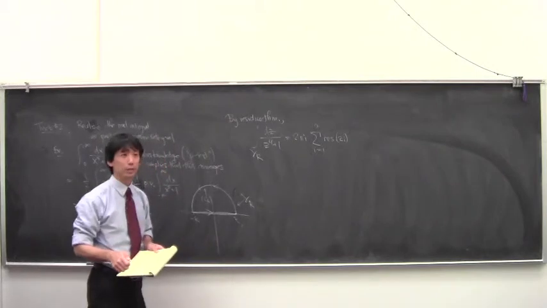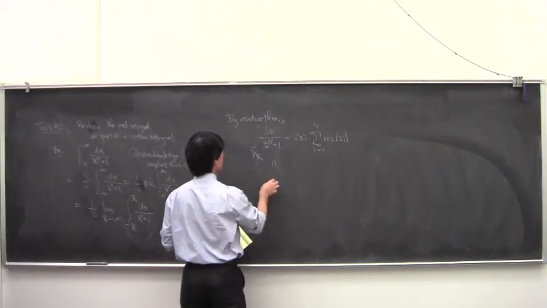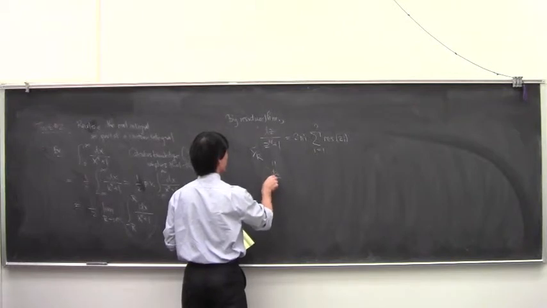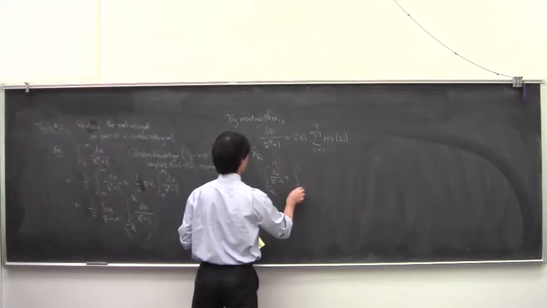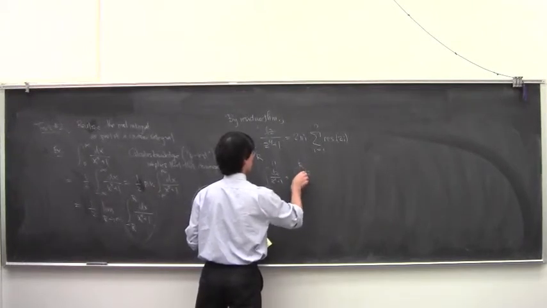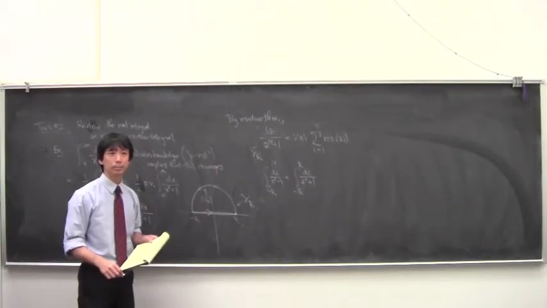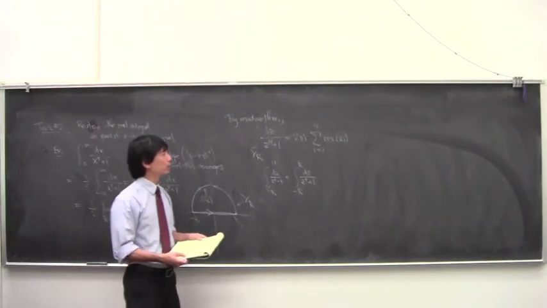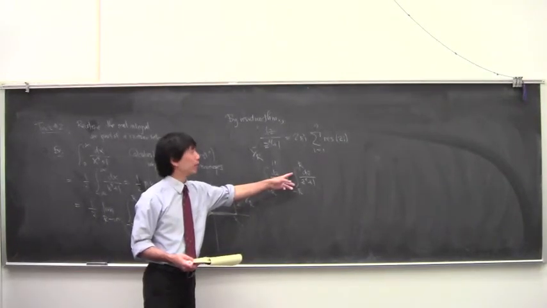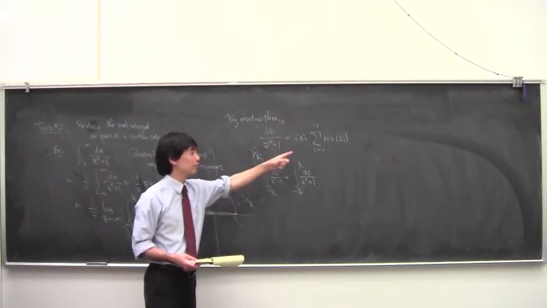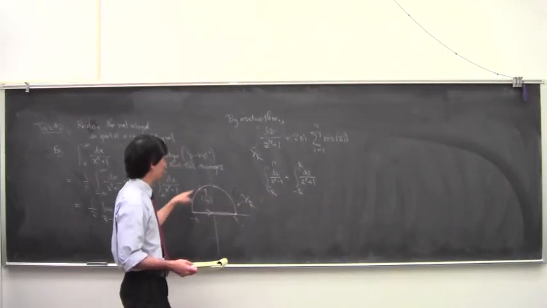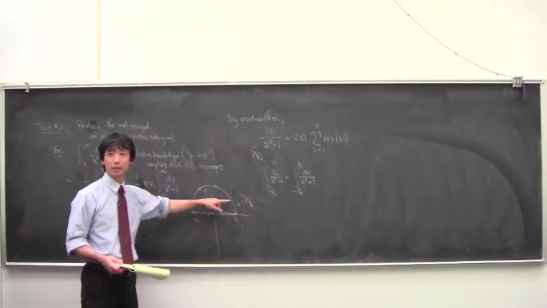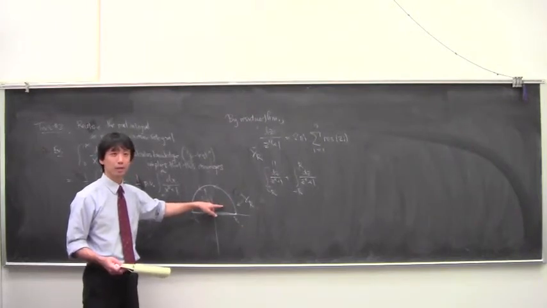But this is the same thing as the integral of the function over C r plus the integral that you're interested in. So the integral that you're interested in, you can evaluate as 2 pi i times the sum of the residues, minus this integral over the upper semicircle.